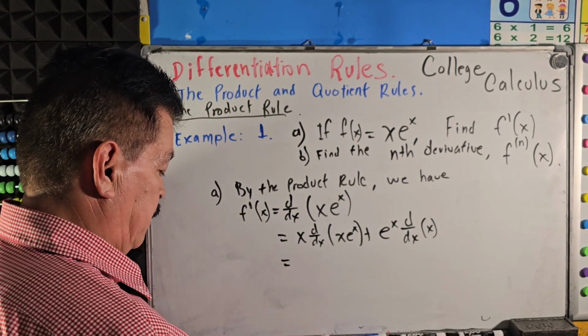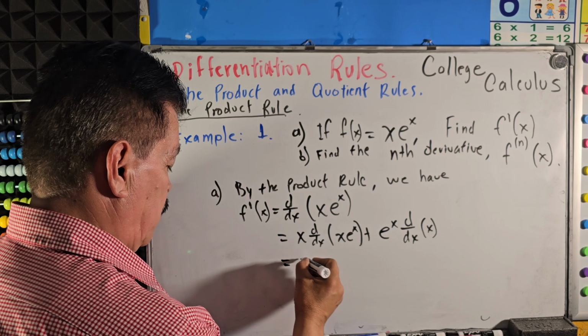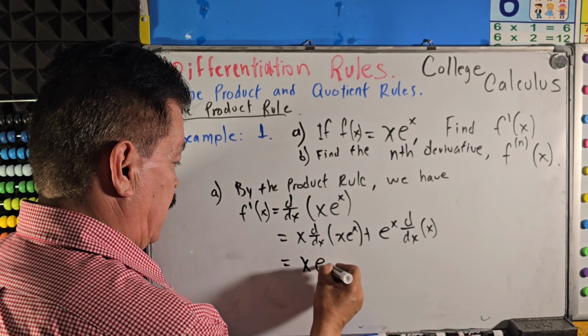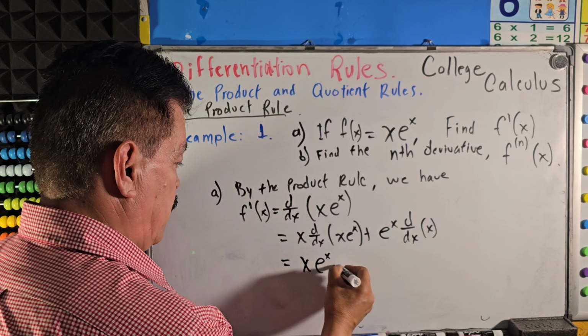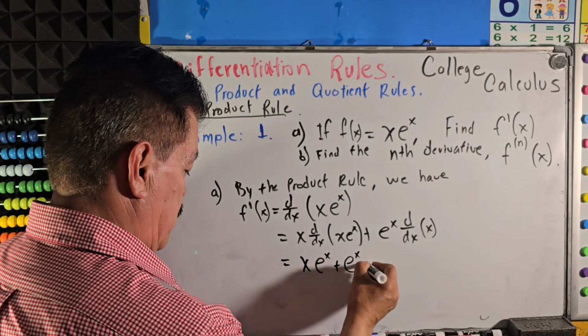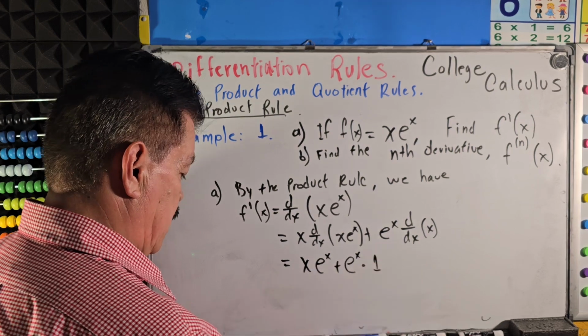Then we solve this and we have x times e to the x power plus e to the x times 1.